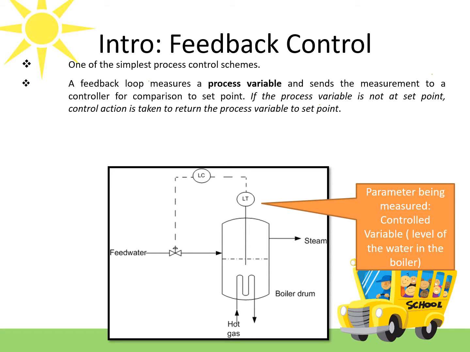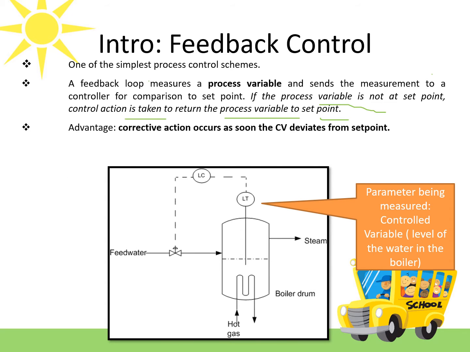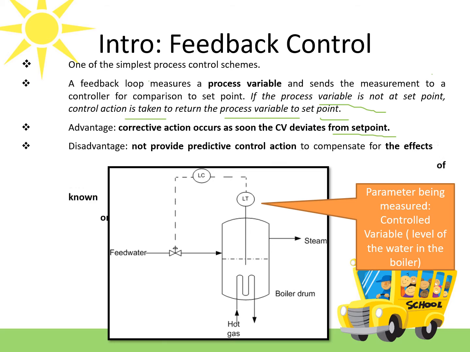If the process variable is not at set point, control action is taken to return the process variable to set point. So the advantage of feedback control is that corrective action occurs as soon as the control variable deviates from the set point, which means that no corrective action is taken until after there is a deviation in the control variable.